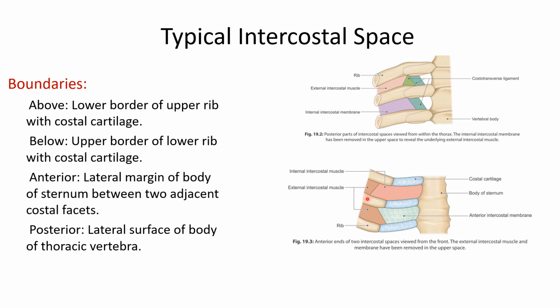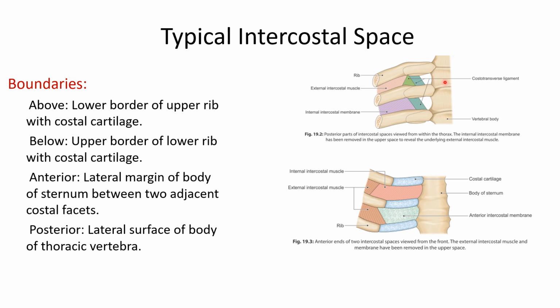Below is the upper border of the lower rib with costal cartilage. Anteriorly, the lateral margin of the body of the sternum between adjacent costal facets. Posteriorly, it is bound by the lateral surface of the body of the thoracic vertebra.